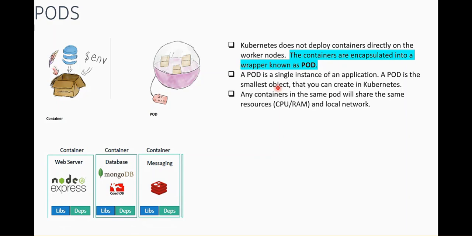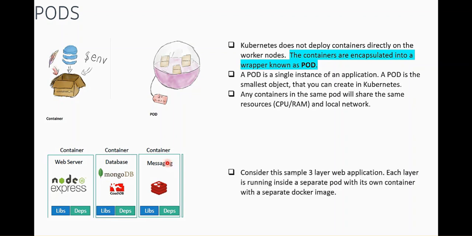Imagine this is a three-layer web application. There is a web server, there is a database server, and there is a messaging app, which is part of the application itself. If you want to deploy this application via containers, every application is running inside a container, inside a separate pod with its own container image as a Docker image.